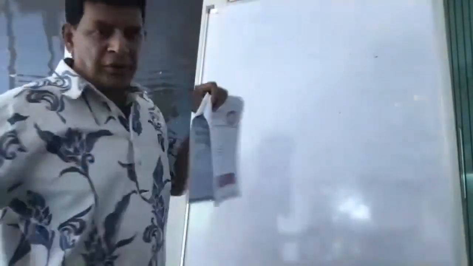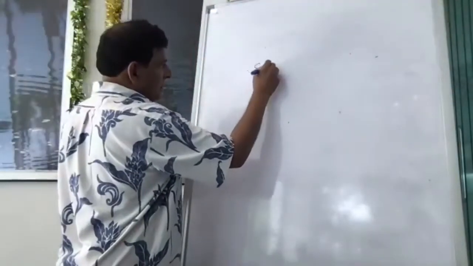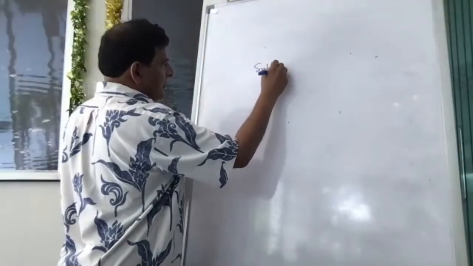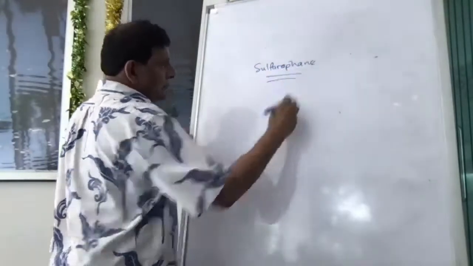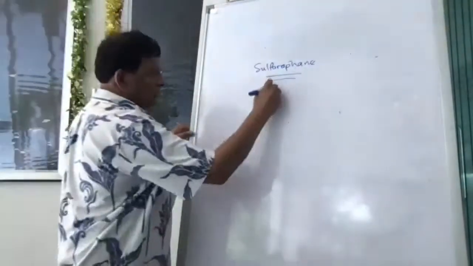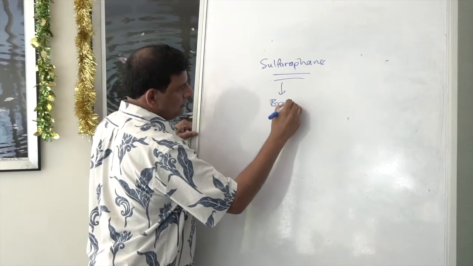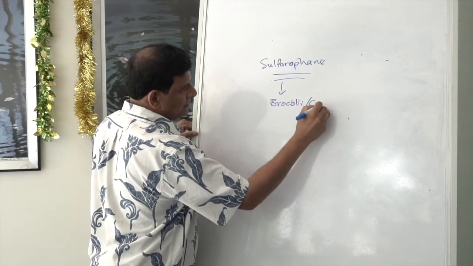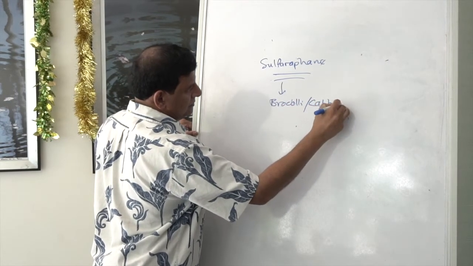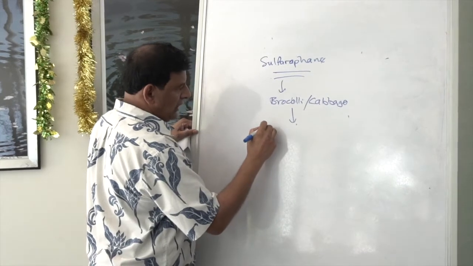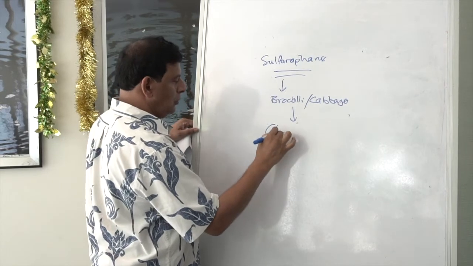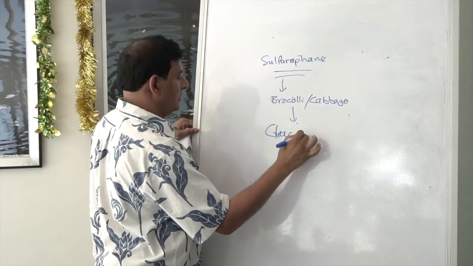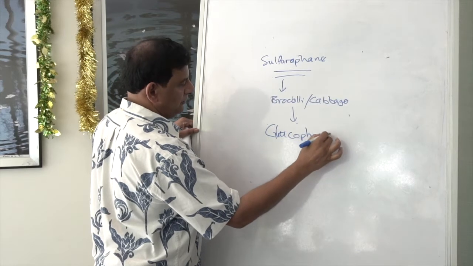Okay. So the most important part in these that I find is sulforaphane deficiency. Sulforaphane comes from broccoli or cabbage. And it's a very powerful antioxidant. It gives you a component called glucoraphanin.